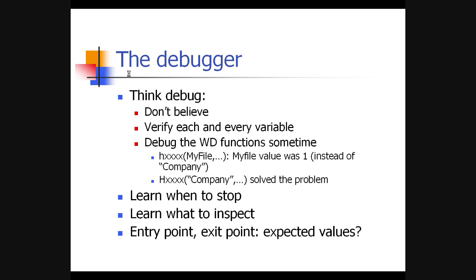Now, if you don't have the value that you are expecting at the exit point, but the value is correct at the entry point, then you know that your problem is inside that code. So it's extremely important when you debug to first start by finding the beginning and the end of the area that you have to inspect closely.